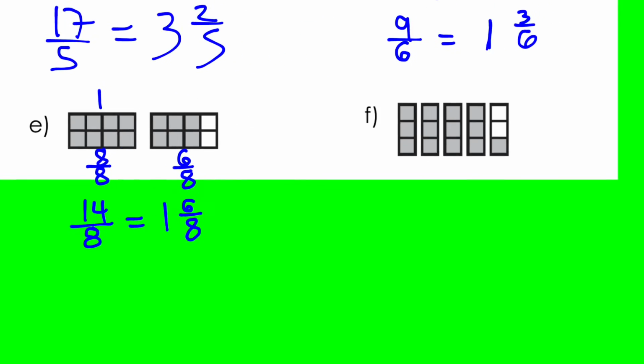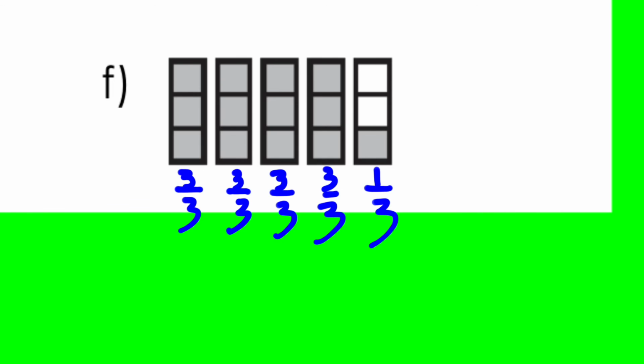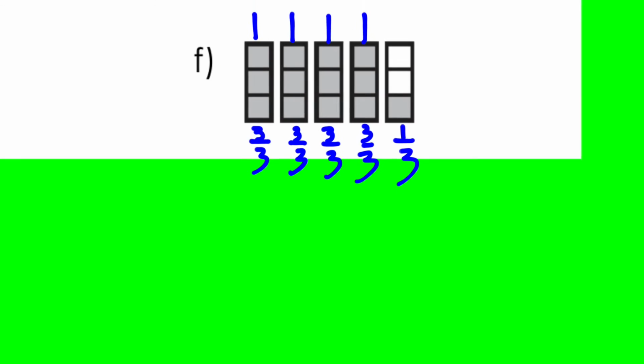And we'll just look at the last one we did together. You can see on this one here, we have parts that are divided into thirds. That's 3 over 3. That's 3 over 3. That's 3 over 3. That's 3 over 3. That's 1 over 3. And 3 over 3 is 1 whole, 1 whole, 1 whole, 1 whole.